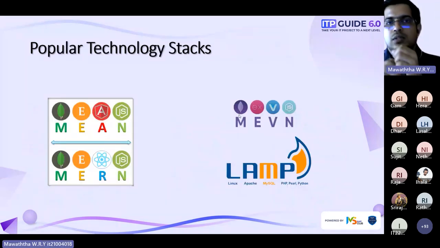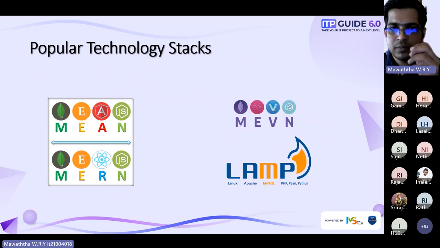Right. So I talked about technology stacks in the previous slides. Basically, these technology stacks are a combination of front-end and back-end technologies, which most of the time are written in the same programming language. So when we are talking about the MEAN stack, MERN stack, and MEVN stack, the main programming language used in these stacks is JavaScript.